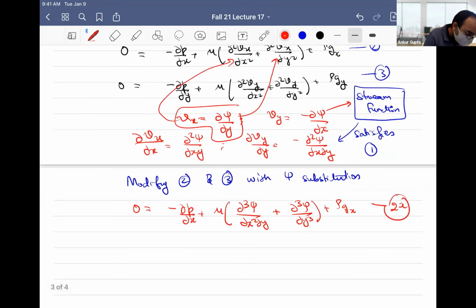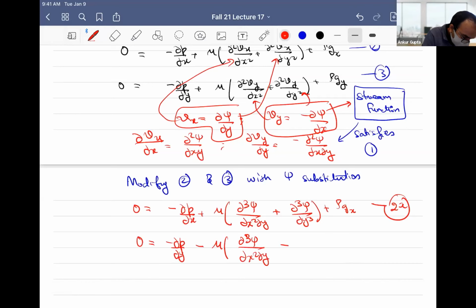Now let me do another one, and that is 0 is equal to minus del p by del y. Now I'll have a minus sign naturally because I have a minus del psi by del x for the y term, Vy. So now I will substitute these two here, and then I'll get del cube psi by del x square del y plus del cube psi by del x cube.